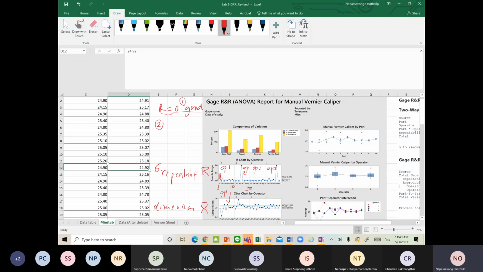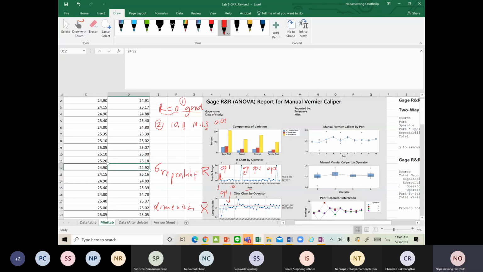For example, if 2 parts have these dimensions, 10.11 and 10.13, and the resolution is up to 2 digits, you will see that the difference is 0.02.